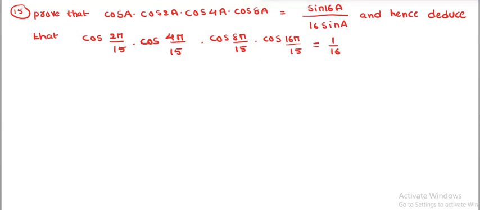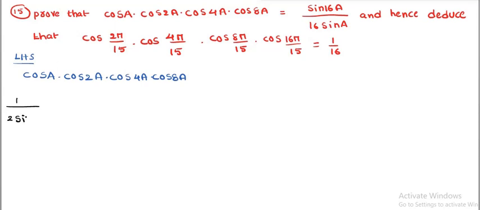So first of all, taking the LHS value, cos A cos 2A cos 4A cos 8A. So I will take multiplication and division by 2 sin A. The remaining is written as 2 sin A cos A, cos 2A, cos 4A, cos 8A.